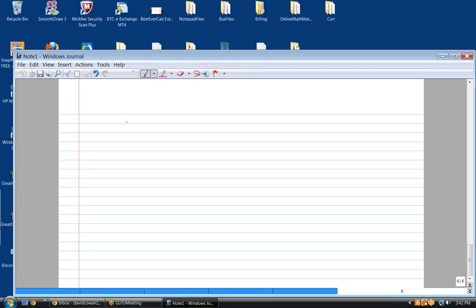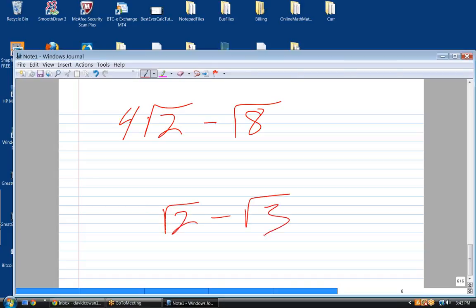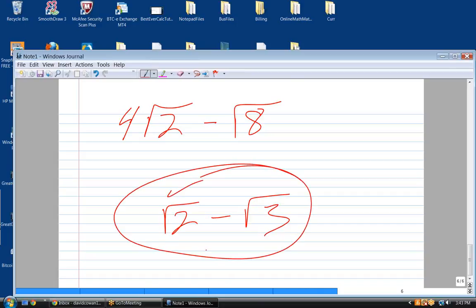Oh, okay. I don't know how you would simplify this one. So it says 4 times the square root of 2 minus the square root of 8. Okay. Well, we know that that's impossible to do. We can't simplify that because this is an apple and that's an orange.